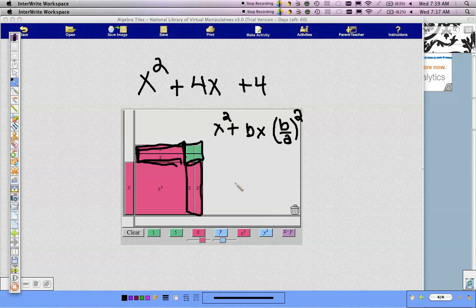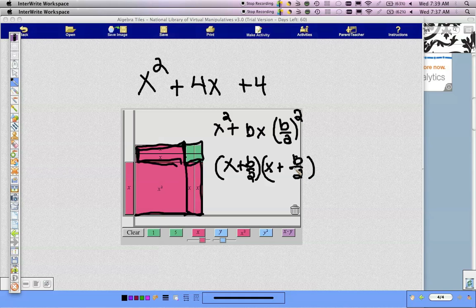And that will always factor into 2 x's, each plus whatever b divided by 2 was. See, it's x plus b over 2, and x plus b over 2.